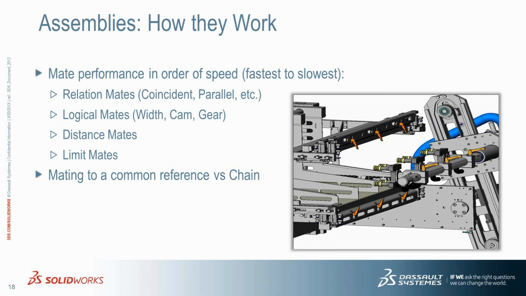I'm making a reference off the last set of mates that I've done. If you can create a common reference, try to mate as many things off the same reference. For instance, all 4 bottoms of the heads of the bolts all to the same surface, it's going to be faster. These are things we want to think about implementing as you move forward in large assemblies.